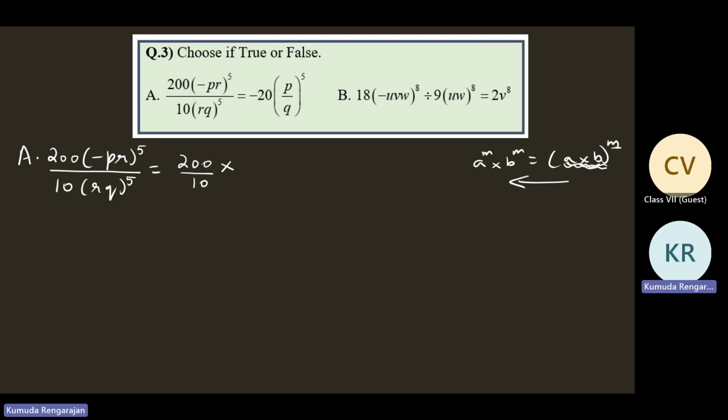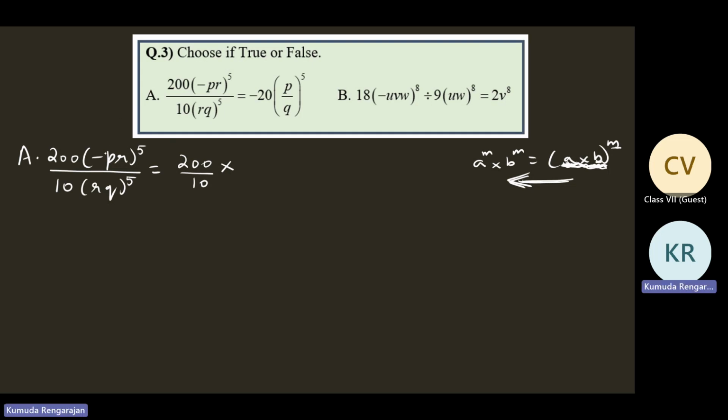When you have A into B as the base, raised to the same power, then you can write it as base A to the power M into base B to the power M. Use a rule like this. See, in the bracket, you should have a product. Both of them are raised to the same power.